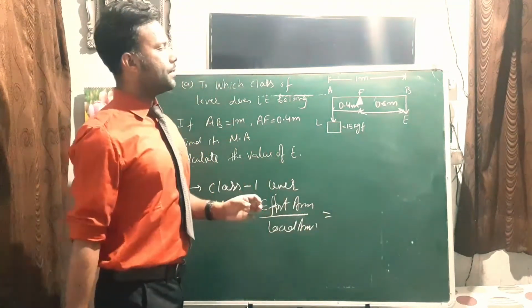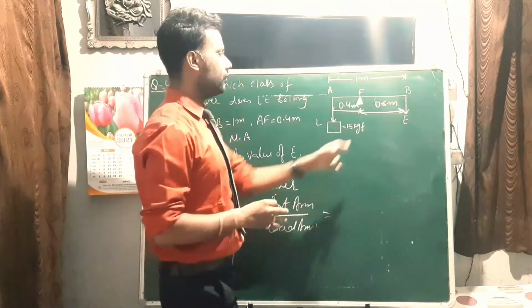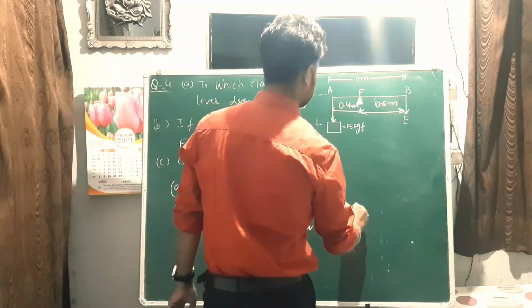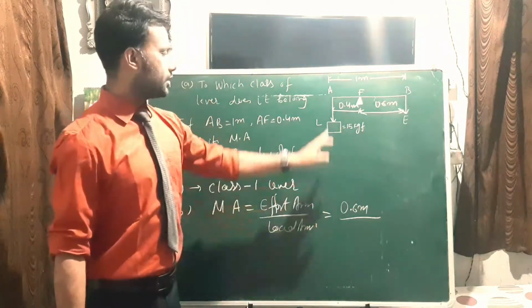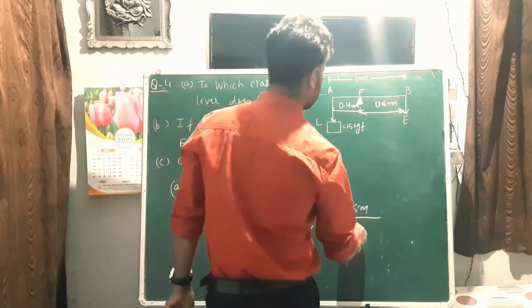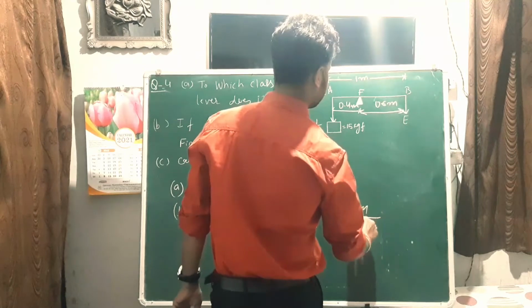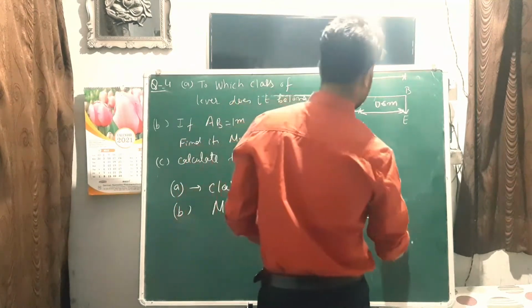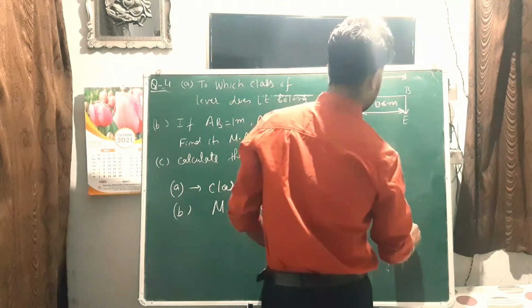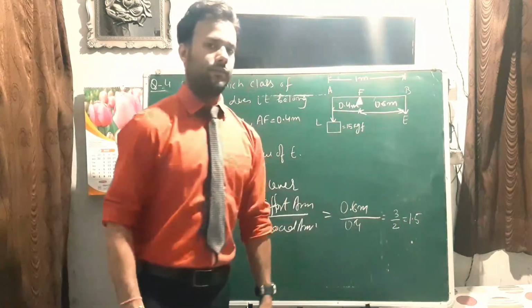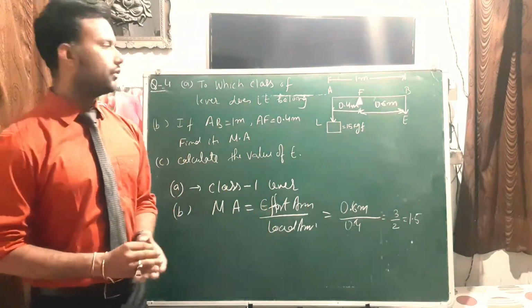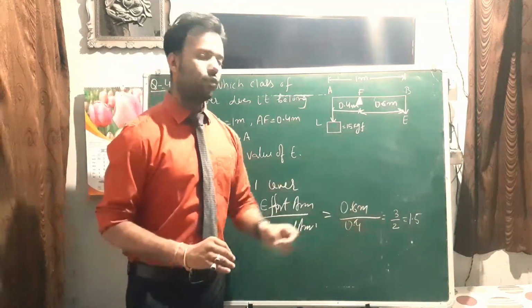Effort arm is the distance between fulcrum and the effort, which is 0.6 meter, and the load arm is 0.4 meter. That will give you 3 by 2 or 1.5. So the mechanical advantage of this lever is 1.5.